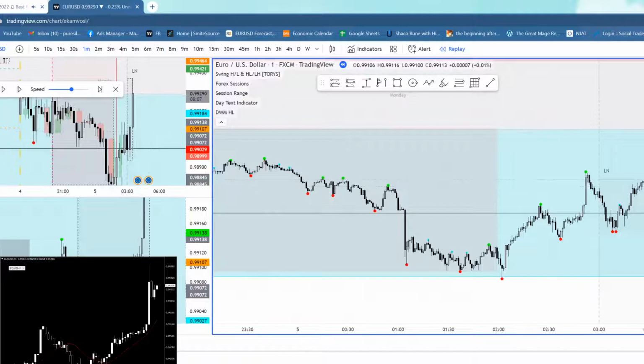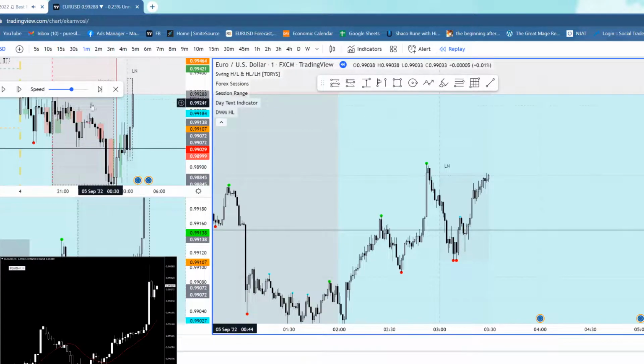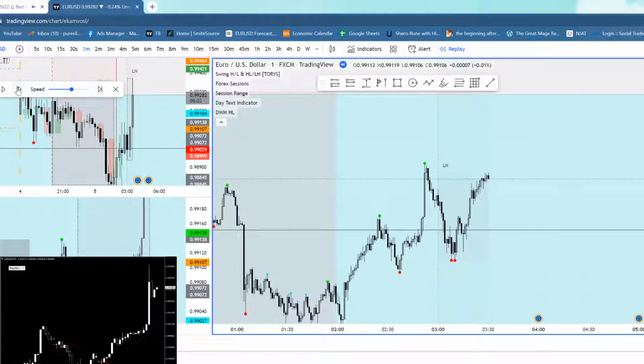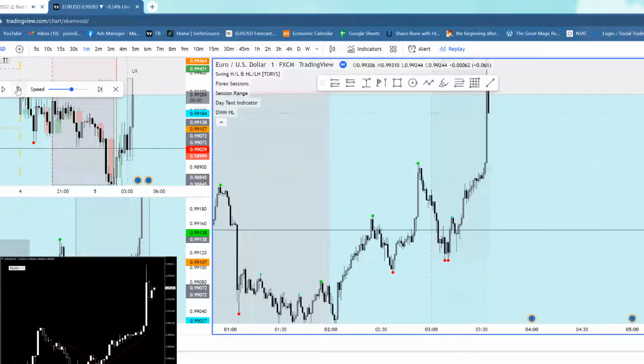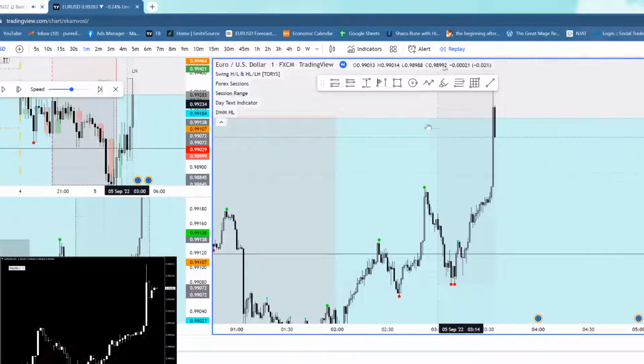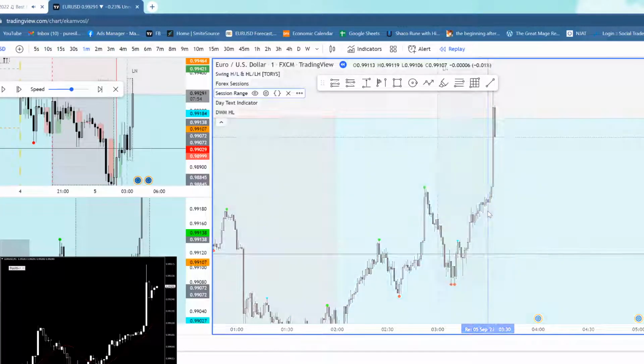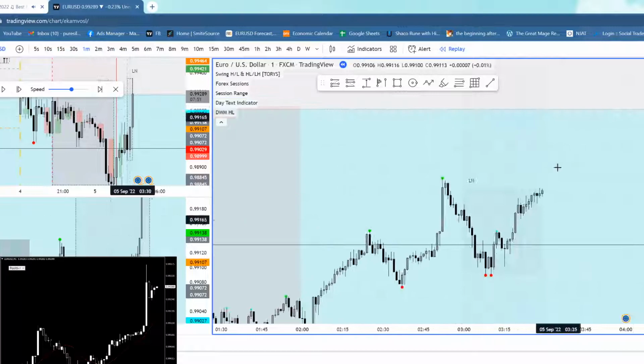But yeah, let me see if I can. So this would be the first candle of the 15-minute. Yeah, let's go back. What candle is this? 29.